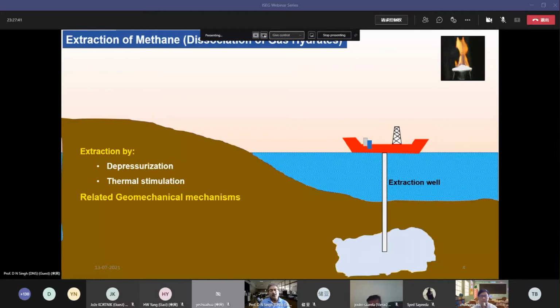Now, once you are extracting the methane gas from the hydrates, one has to be extremely careful, because there are several geomechanical mechanisms which are going to initiate the moment you start the extraction process. And this is where utmost care is required to understand the whole phenomena.